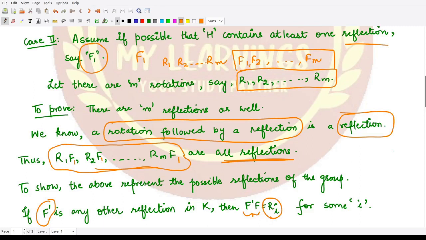Suppose in the case of a square, you apply this reflection, so this portion goes here, this goes here, this goes here, this goes here. Again, you apply the reflection, so this goes here, this goes here, this comes here, right? In that case, you would have your result as a rotated figure, right?